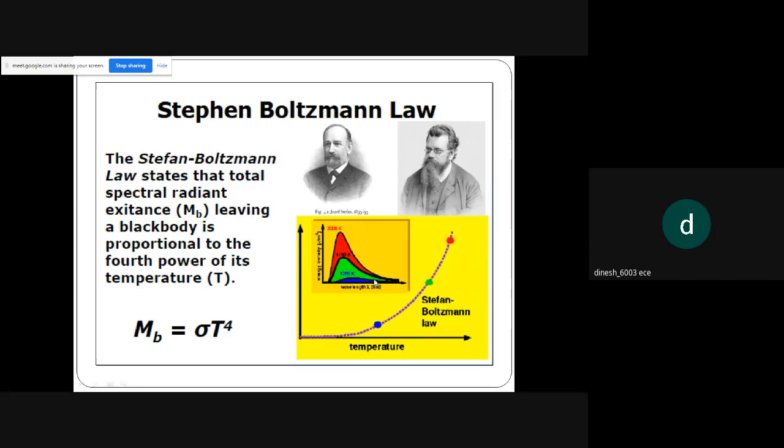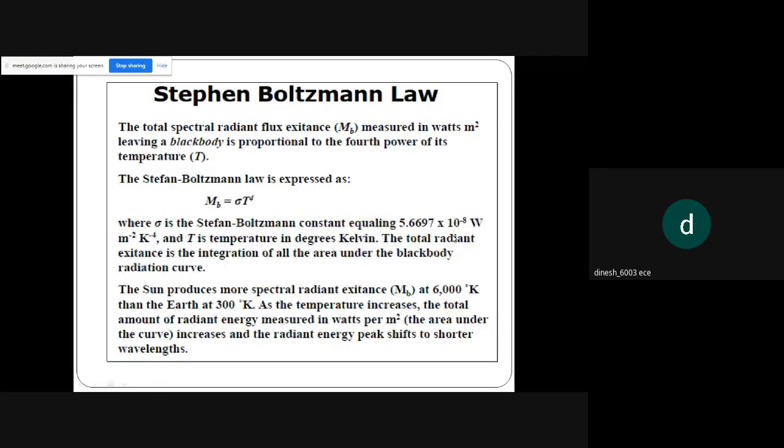You can see that it is increasing. The total radiant flux exitance, measured in watts per meter square, leaving a black body is proportional to the fourth power of its temperature. The Stefan-Boltzmann constant equals 5.6697 times 10 to the power minus 8 watts per meter square per Kelvin to the power 4, and T is the temperature measured in Kelvin.